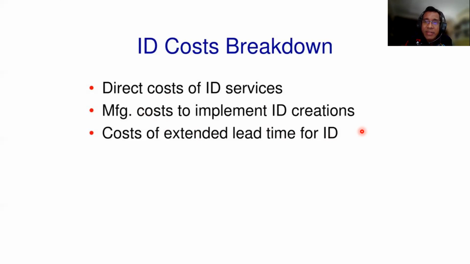And then the manufacturing cost can also increase. For example, when you do not use ID, maybe your product does not have an ergonomic shape, for example, does not have the high tolerance for surface finishing. So you can produce with the normal machine.